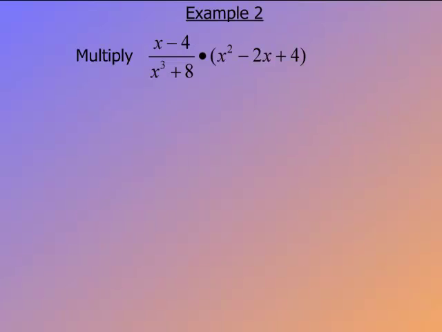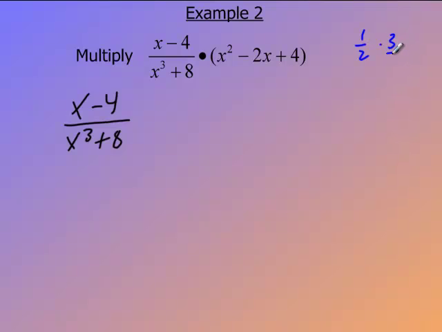Let's look at a different type of multiplying. Let's say we're going to multiply a rational with a polynomial. This is largely the same thing. There's not a huge difference between these two, other than when we write this out, it's kind of like if I were to say, hey, what's 1/2 times 3?